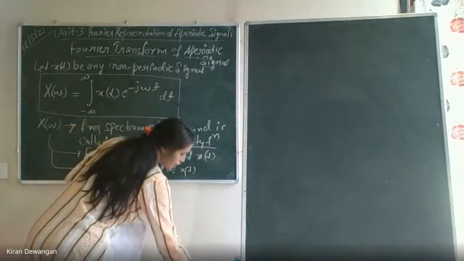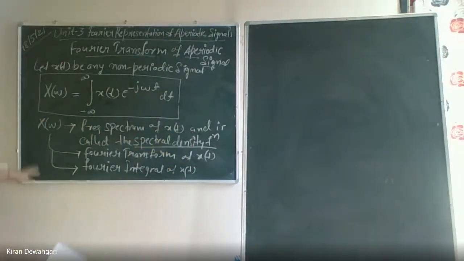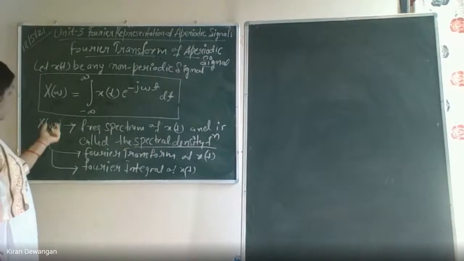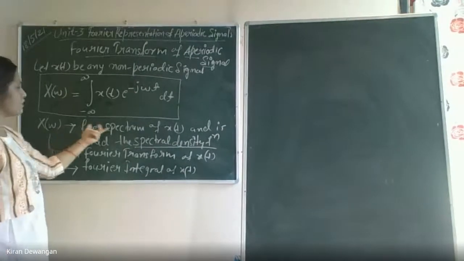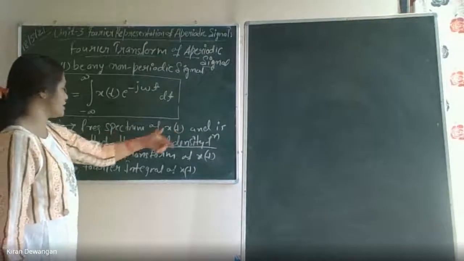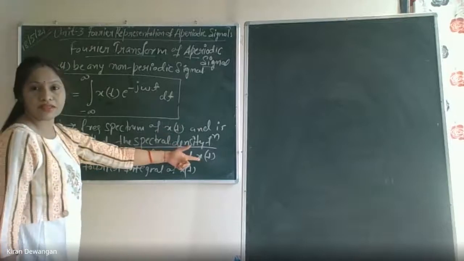So these are the different names given to x of omega. We need to know what actually x omega is. It is the frequency spectrum of xt, and it is also called the spectral density function.